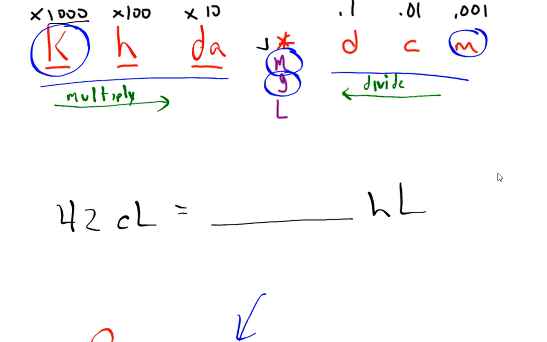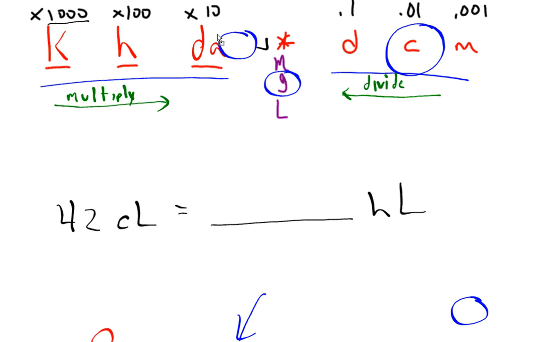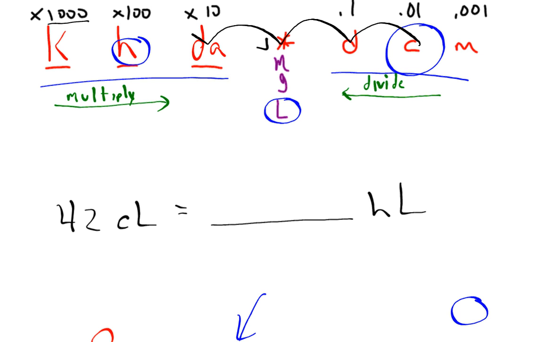All right. So what's going to happen up here? Well, we're going to start here at the C. We're going to go to the H, and we're dealing with liters this time. All right. So we're going to move how many spaces? We're going to move 1, 2, 3, 4 spaces to the left.